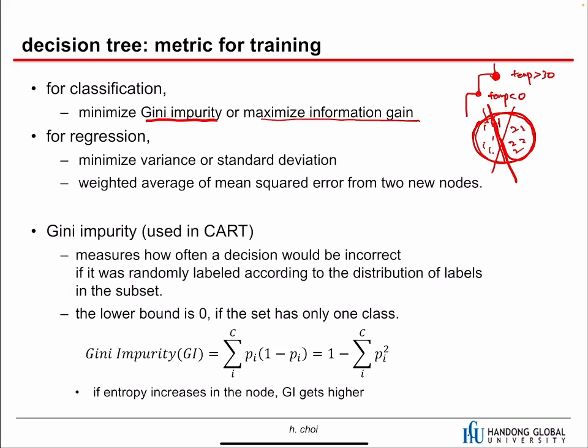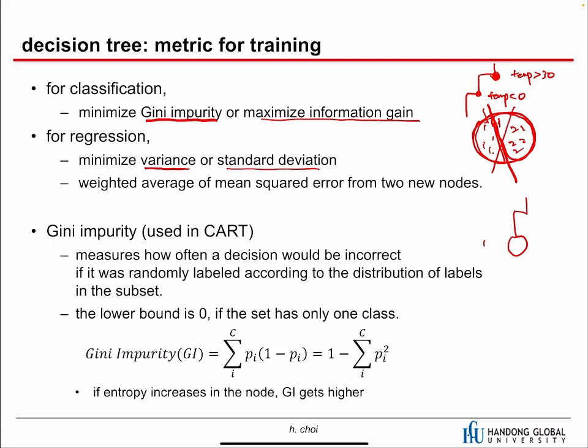And what about regression? We want to minimize the variance or standard deviation in the node. When we follow the branch, in this node we have lots of samples, and when we take the variance, it is high.